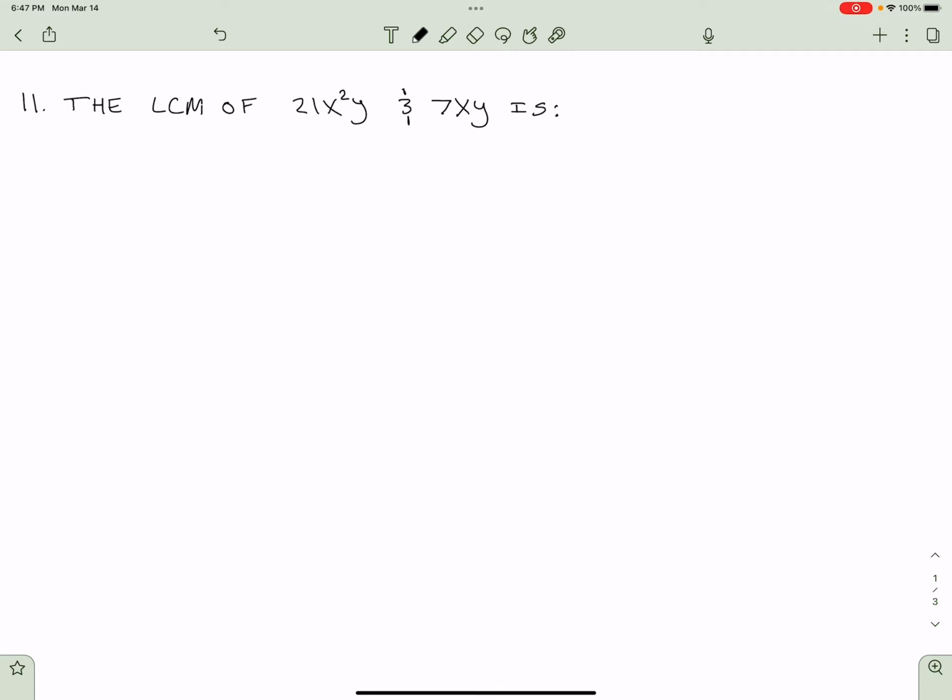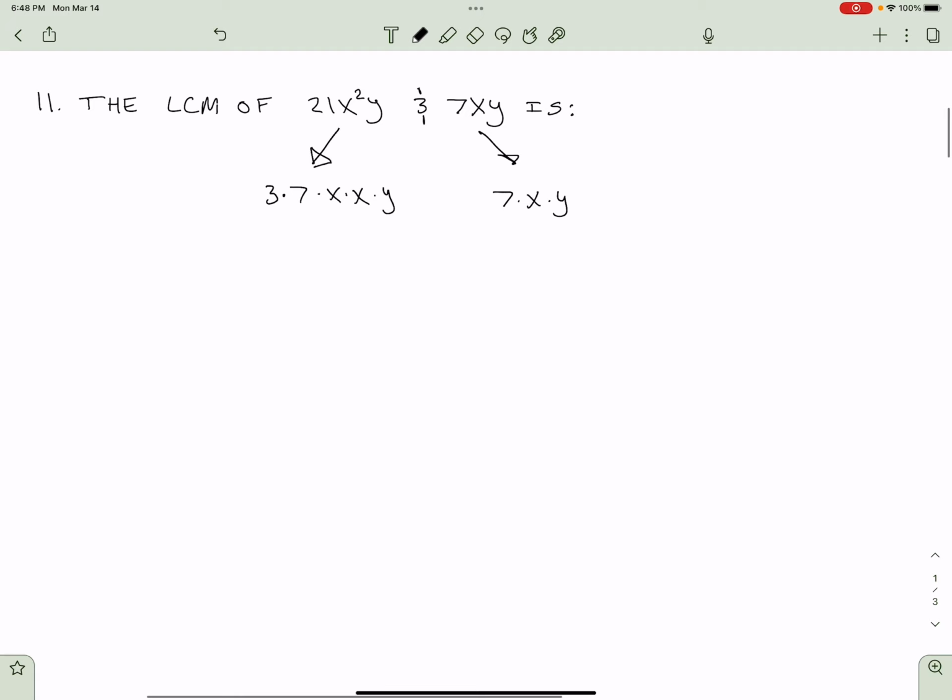So, if I look at this, for 21x squared y, I have 3 times 7 times x times y. And for 7xy, I have 7 times x times y. So I can see I have 7s, right? In both.